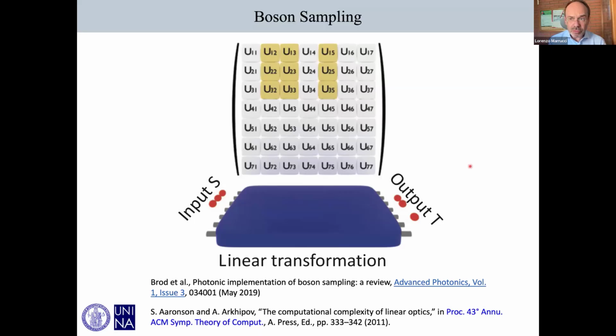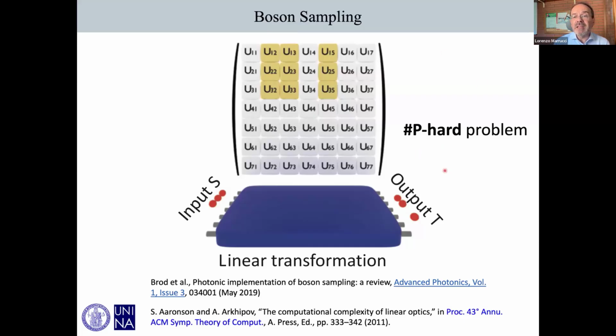So being able to estimate this permanent in a large matrix using this approach allowed this method to demonstrate for the first time a computation of very high complexity in computational terms, possibly higher than classical methods for computation. So somehow it was a way to demonstrate the so-called quantum advantage for the first time.